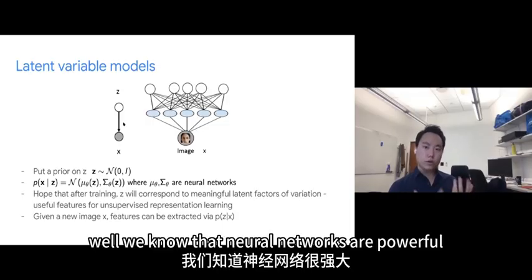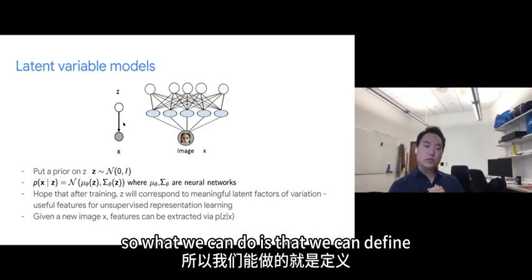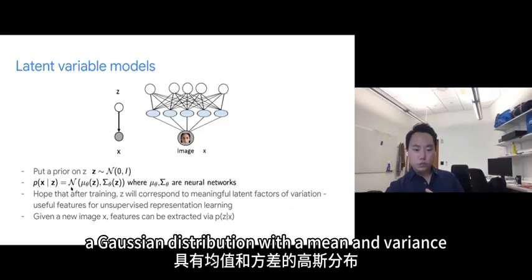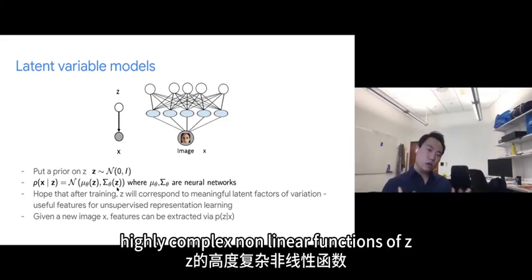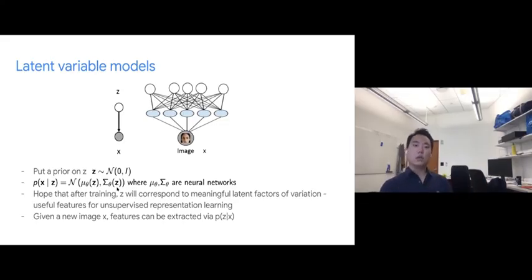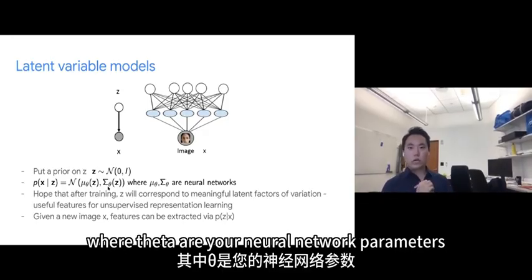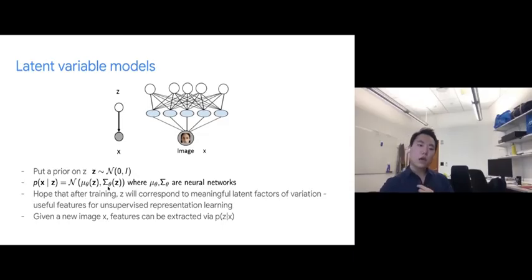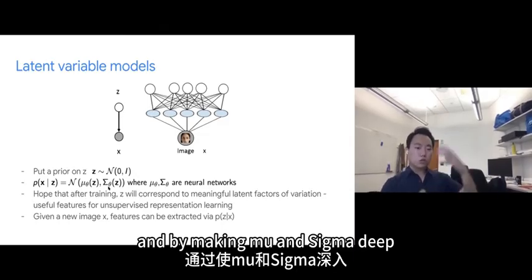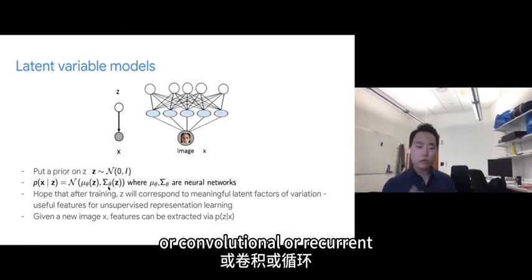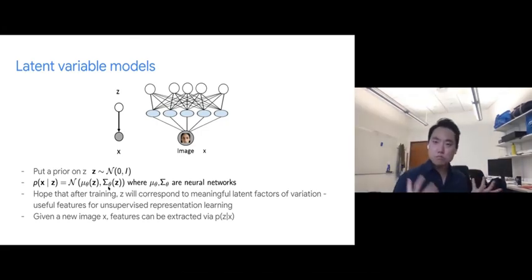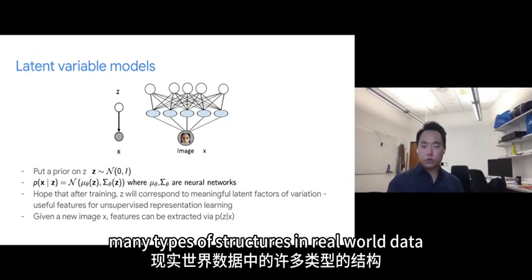Well, we know that neural networks are powerful. So what we can do is define a Gaussian distribution where the mean and variance are highly complex nonlinear functions of Z, as parameterized by mu theta and sigma theta, where theta are your neural network parameters. And by making mu and sigma deep or convolutional or recurrent, you're able to express many types of structures in real-world data.